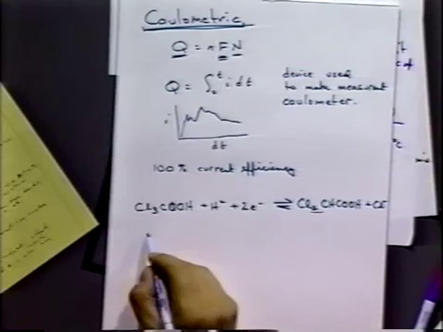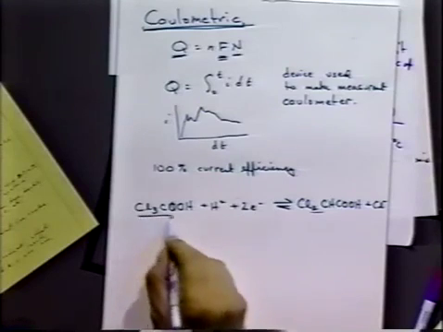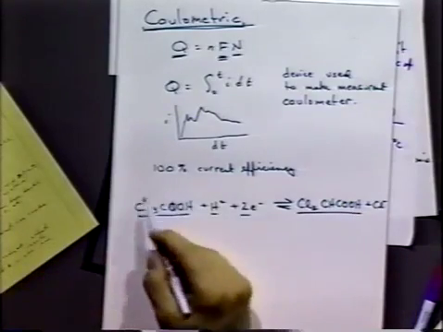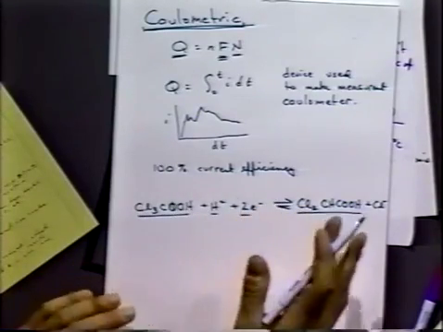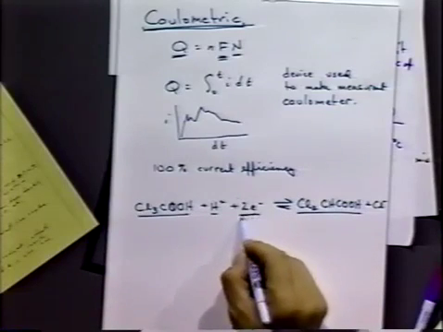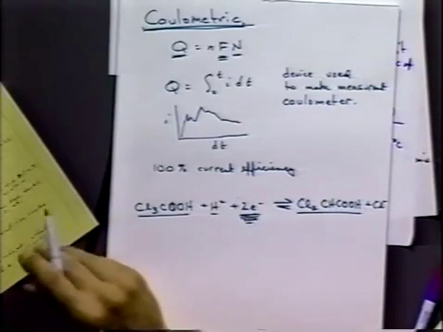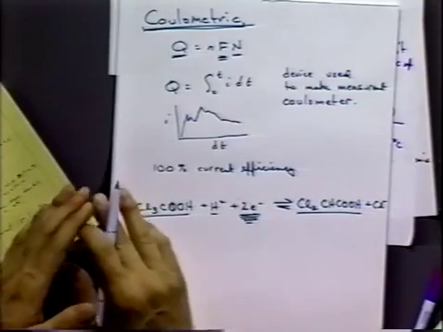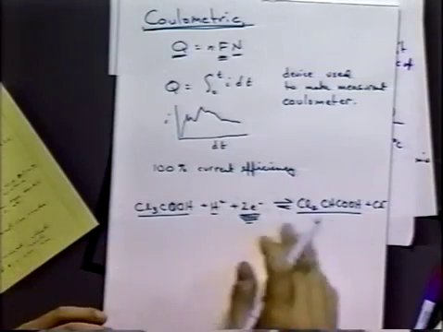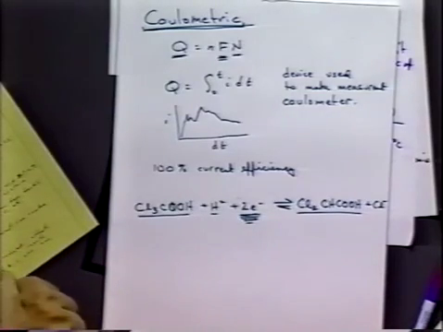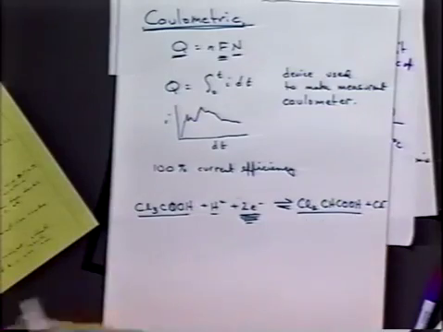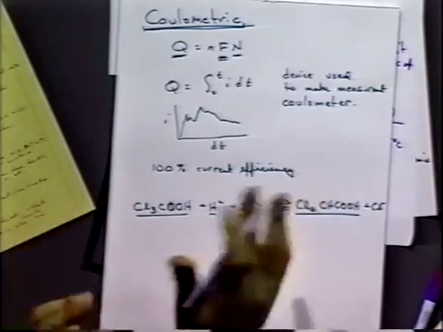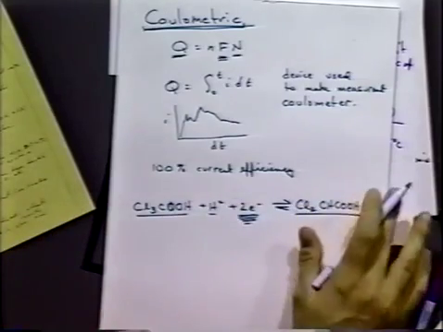You can use the same idea of coulometry not only to determine the amount of material that's initially present, but more likely people would often use this to determine the number of electrons in the system. Given an initial starting amount of material that you can determine, you can actually determine the number of electrons that you've actually added to the system to get the dichloroacetic acid. And that's often something that's not obvious from the system, so that's something people often want to know.